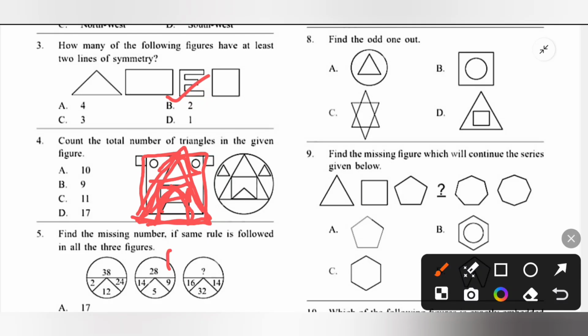So the first figure has 10 triangles, and then in the second figure 1, 2, 3, 4, 5, 6 and then 7. Okay, 7. So the first figure has 10 triangles and the second figure has 7 triangles. So total 17. Okay, so option D is the correct answer.